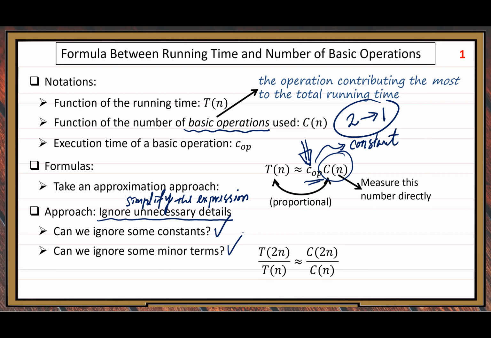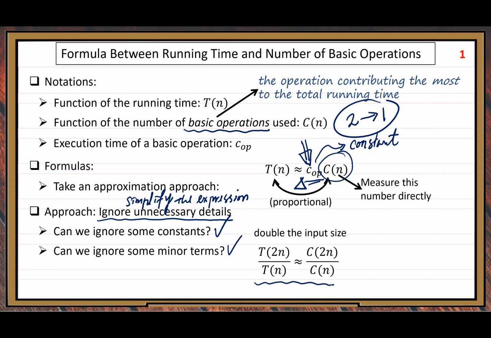Here, let's put our attention on the C-op constant: can we ignore C-op or not? Look at this ratio, T of 2n over T of n.